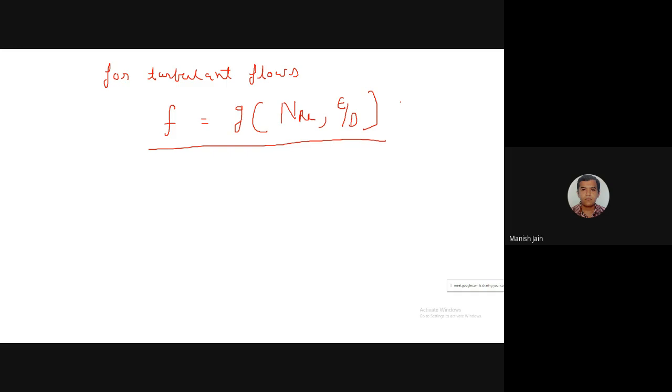For the simple cases, when you have a simple fluid like water or oil, or when you have isothermal conditions, we will also use the Moody chart. The Moody chart is a very famous chart to calculate the friction factor. So the next topic is the Moody chart.